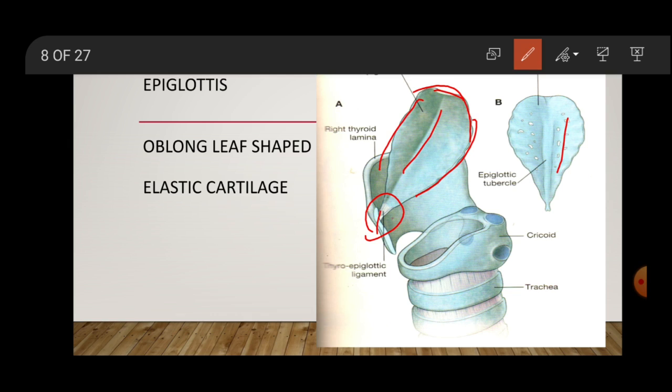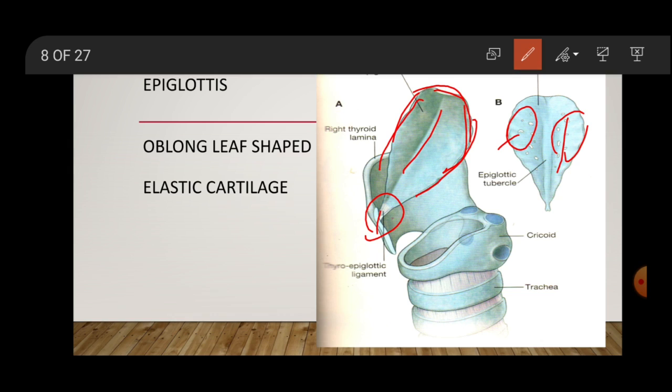Each lateral margin provides attachment to the aryepiglottic fold in its lower part. Then on the posterior surface, you see some pits. These pits are produced by the small mucous glands.